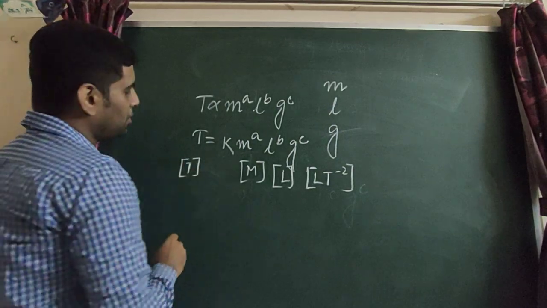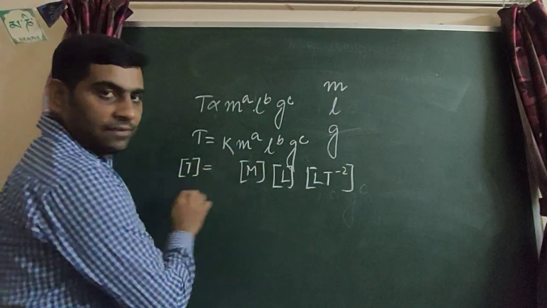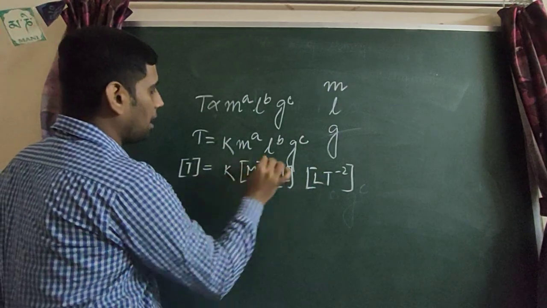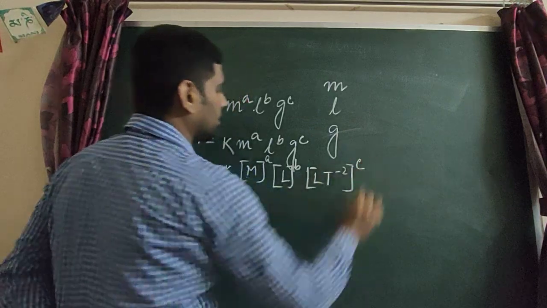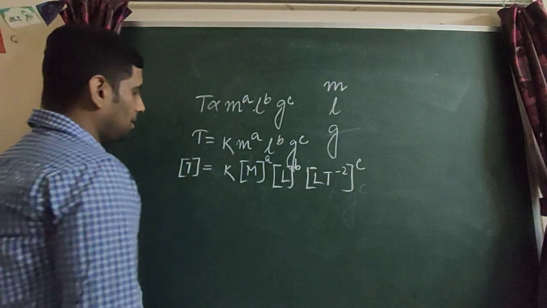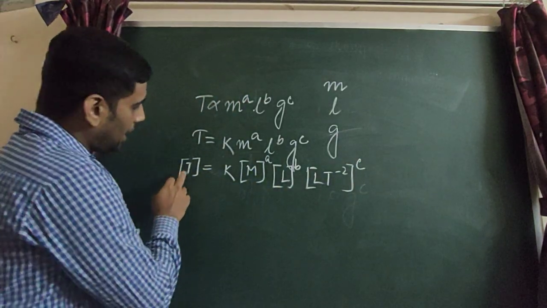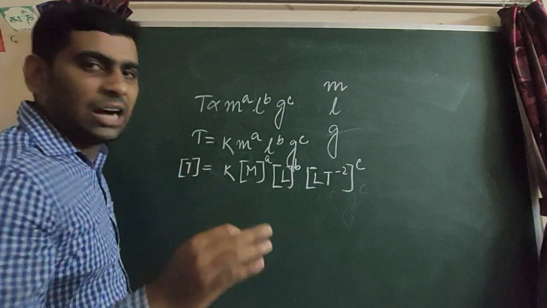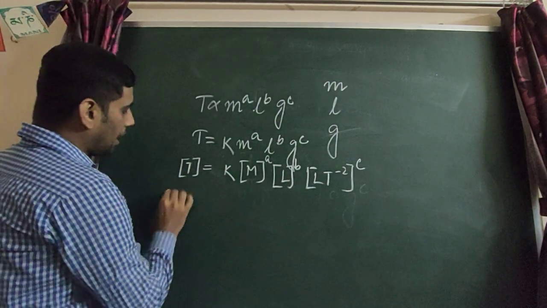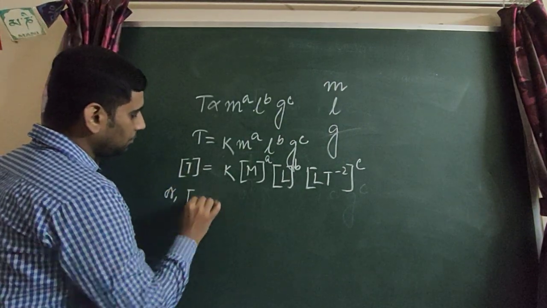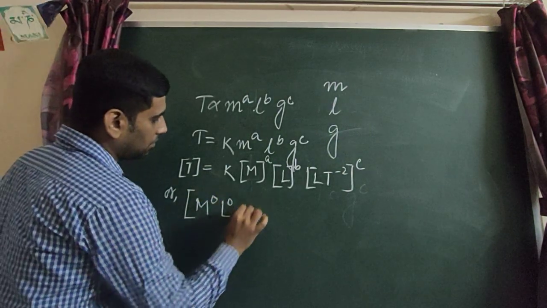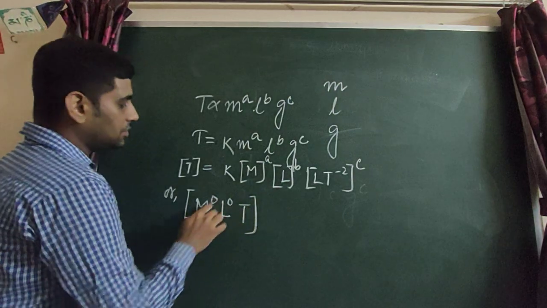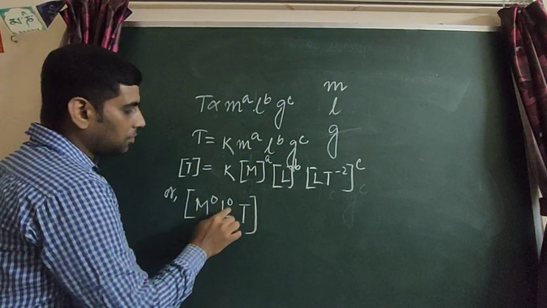Got it? So I can write T equals to, dimensionally, K into m to the power A, L to the power B and G to the power C. Now see, here there is only T, that means there is no term of m and L. So I can write this side as m0 L0 T. Because m to the power 0 means 1, L to the power 0 means 1.